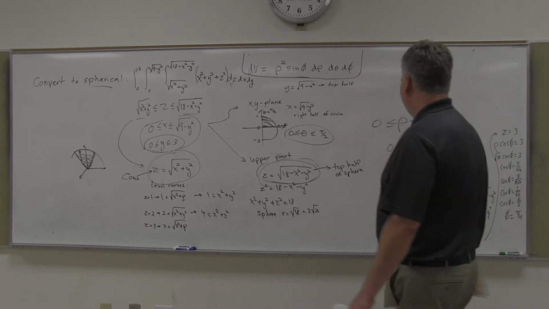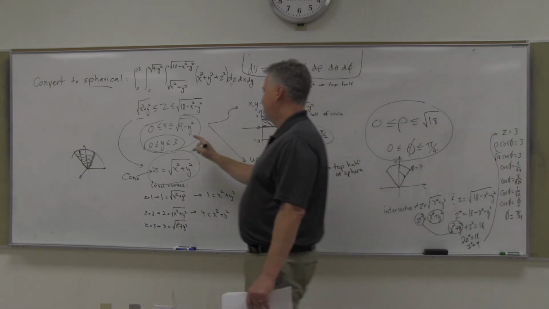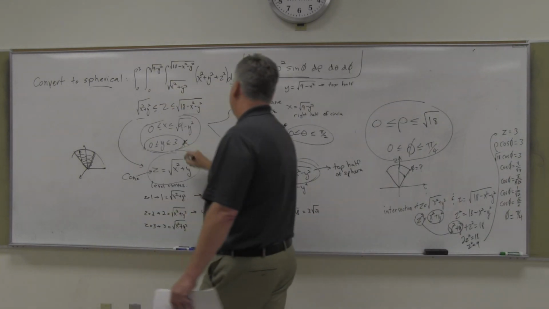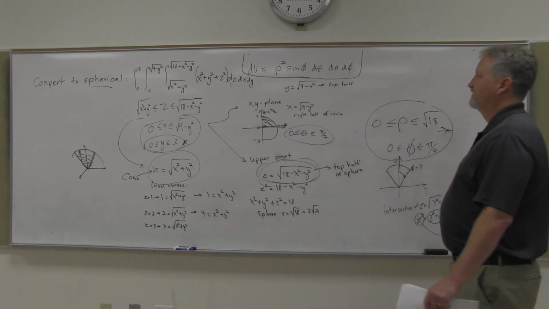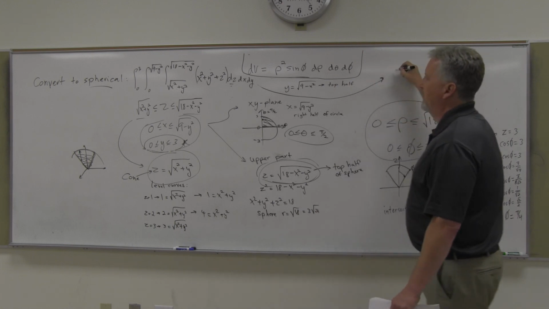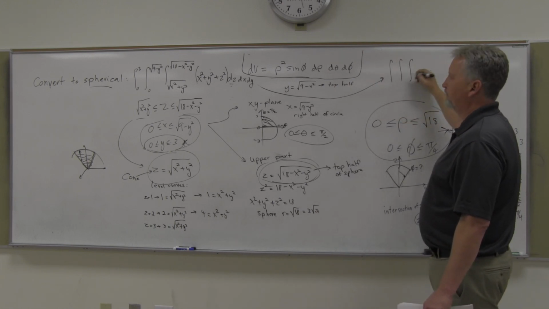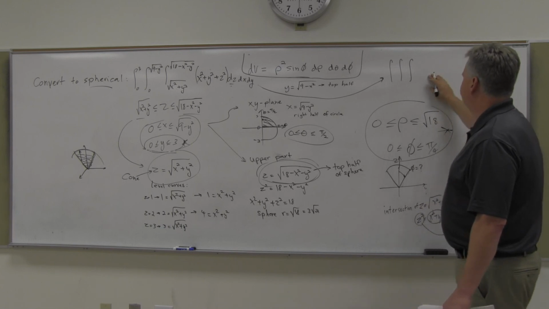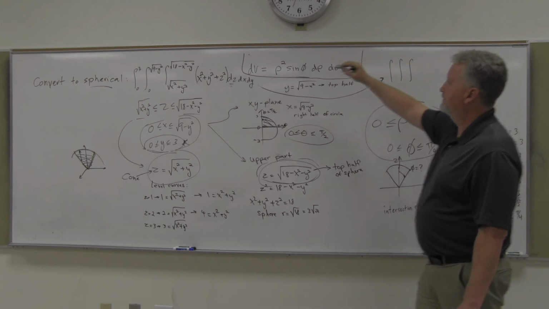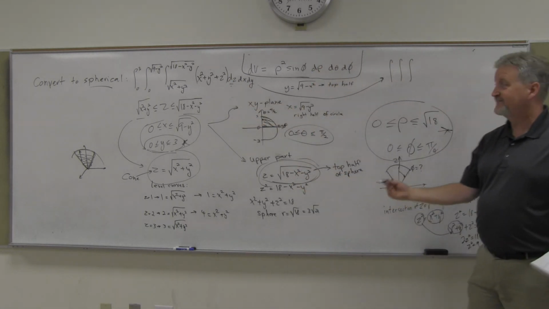The rest is actually easier than that. All right, so I got my limits here, here, and here. So my integral, let's just do it right here. I'm going to change to spherical. Well, this is nice. X squared plus y squared plus z squared, what is that in spherical?